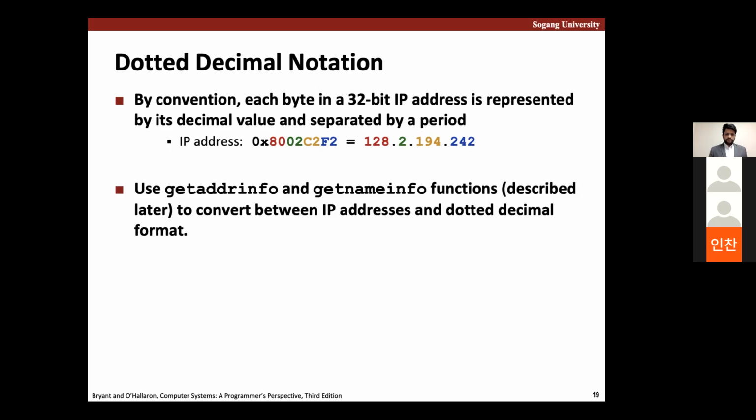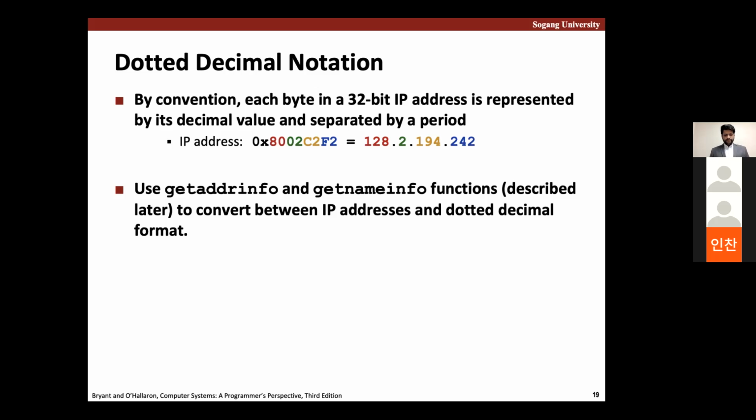You can see it's 0x8002C2F2, a hexadecimal number, and it has this dotted decimal notation representation for the IP address. It's pretty difficult to remember the hexadecimal IP on the left compared to the dotted representation.